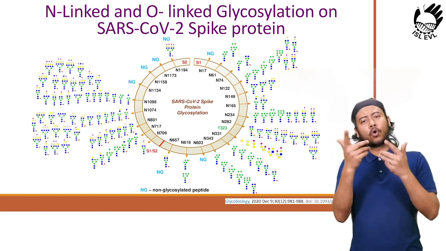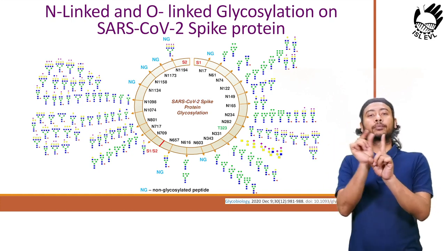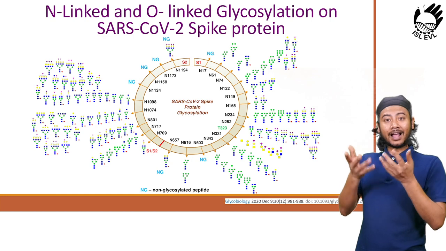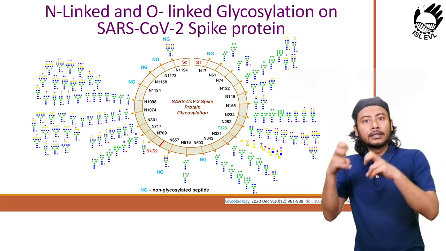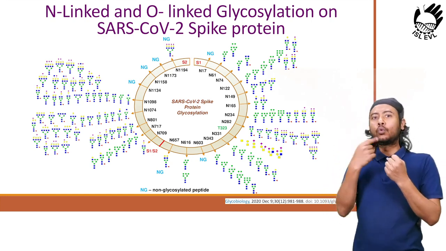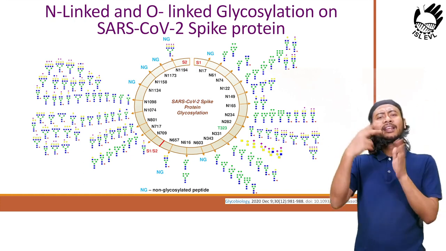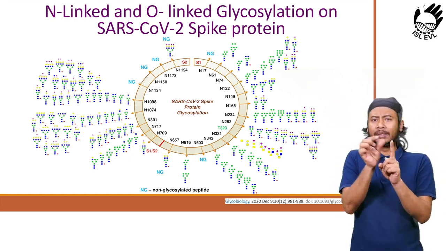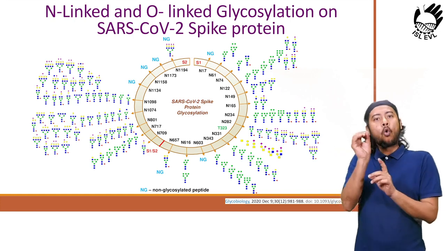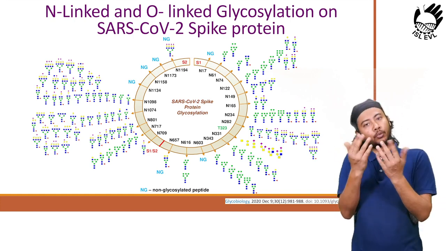So we were the first group to report this glycosylation on SARS-CoV-2 in early 2020, particularly the O glycosylation, which was not expected in the coronaviruses. Further, the relative ratios of glycans at each site were determined and quantified.